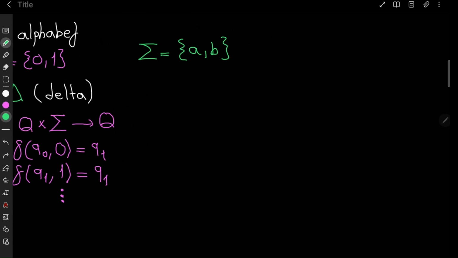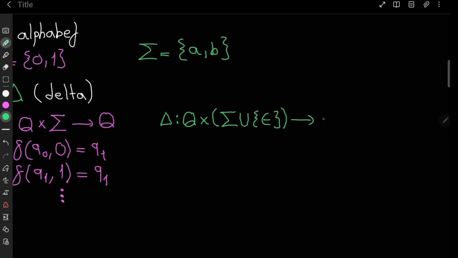When it comes to NFA, let's write delta formally. Again, it takes the current state as well as the input. Don't forget that NFA also takes the empty string as an input, so we should write it.